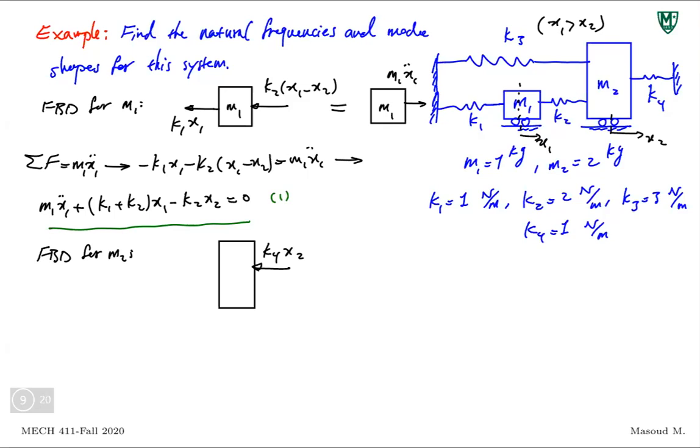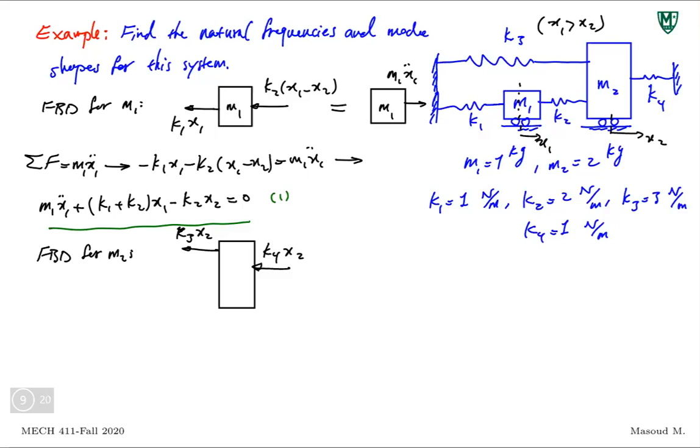M2 is going to the right, so K3 is trying to pull it back to where it was. There goes K3. Pay attention. K3 is the connection between M2 and the wall. So the displacement is just pretty much X2. Very important. This is not a connection between two masses, right? So the displacement is just X2.